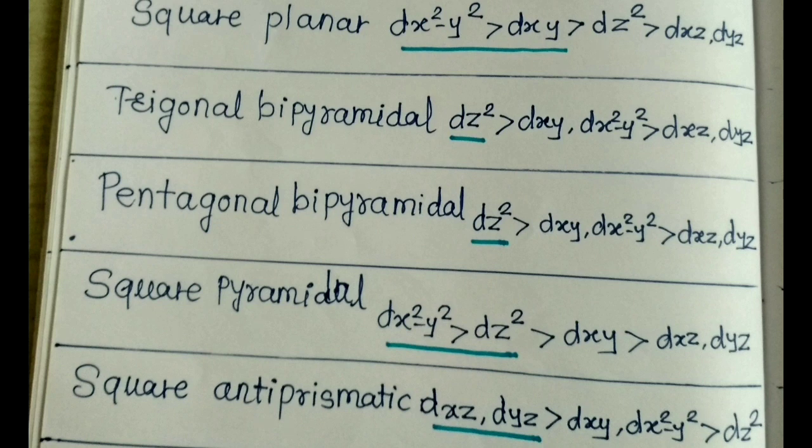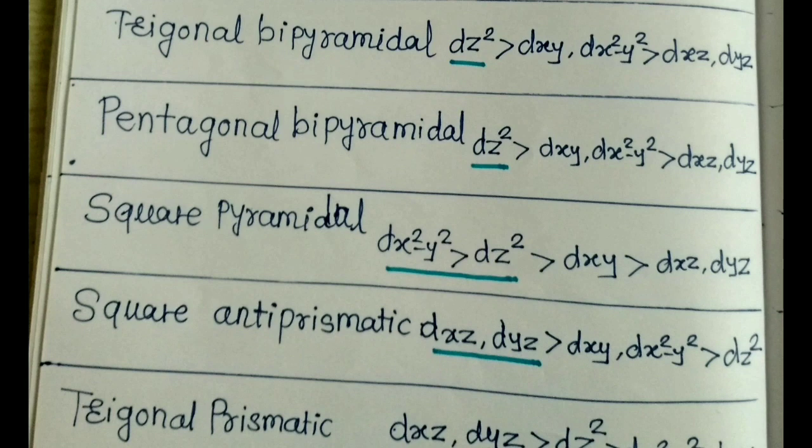Okay, the next one is the square antiprismatic. In square antiprismatic, dxz and dyz are at the same energy level, and it is the highest energy; both orbitals are above the barycenter.